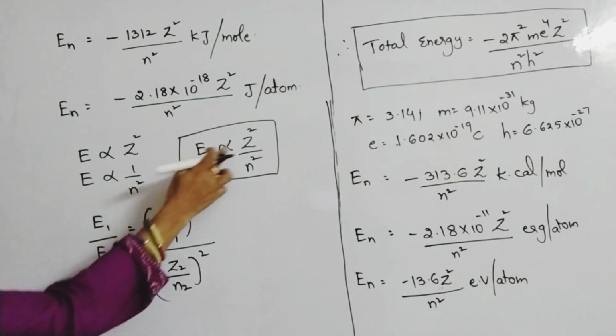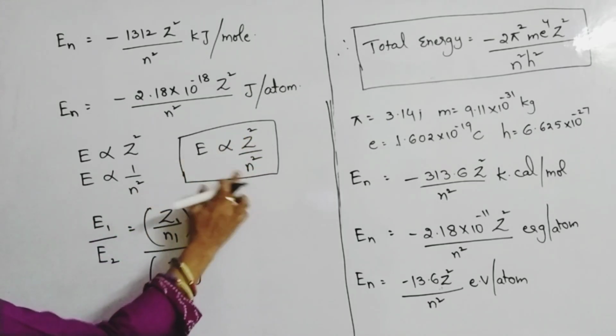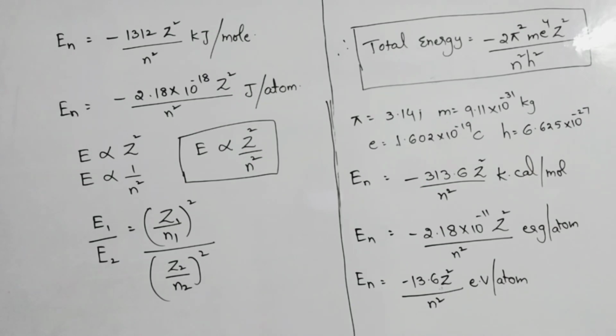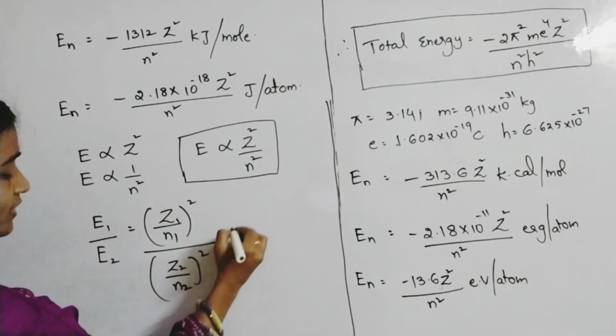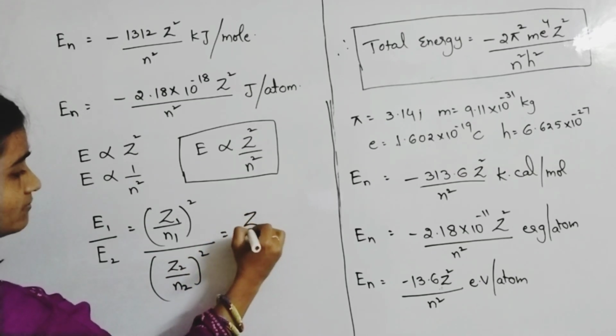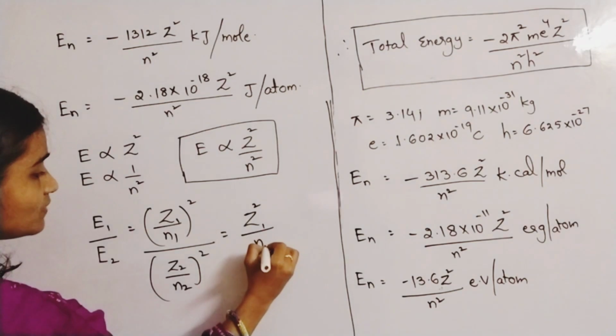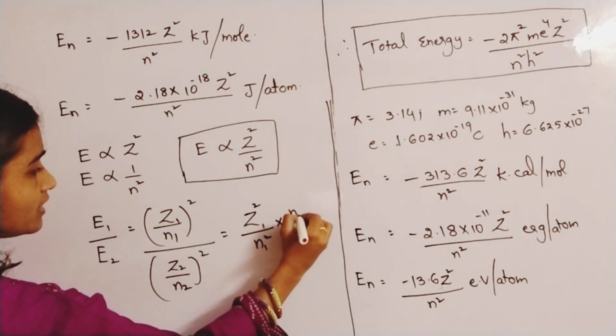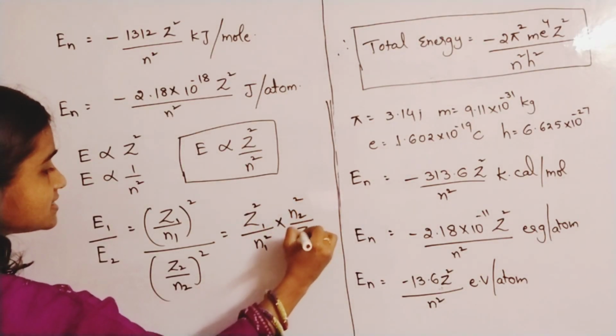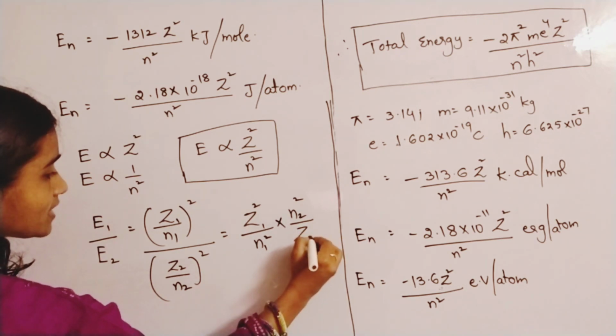E is directly proportional to Z square and inversely proportional to N square. If you reciprocate, you get Z1 square by N1 square into N2 square by Z2 square.